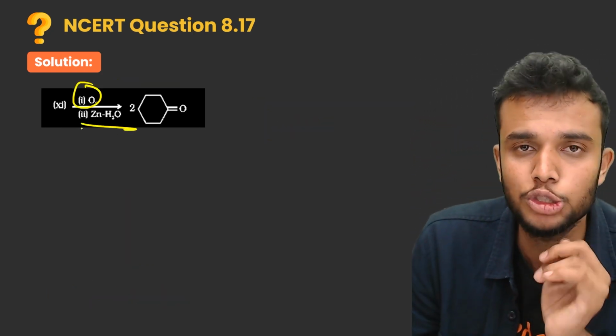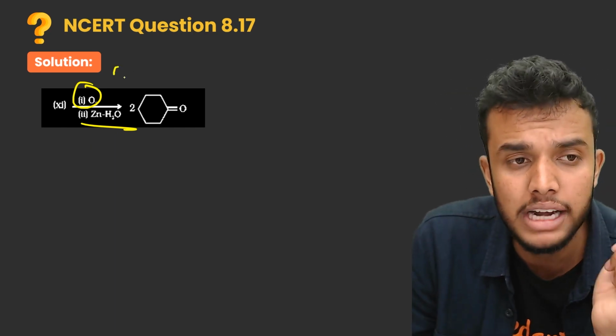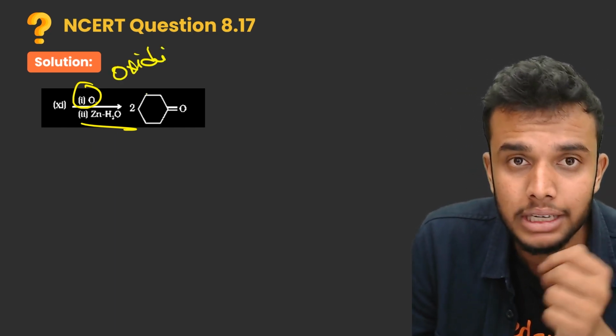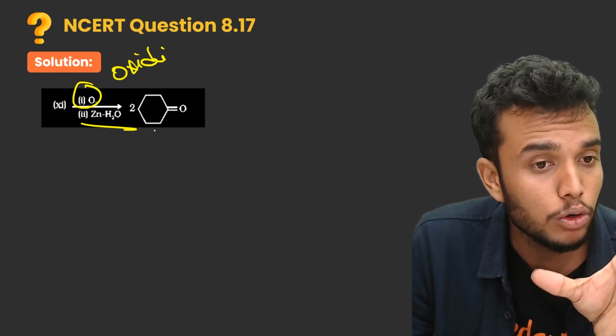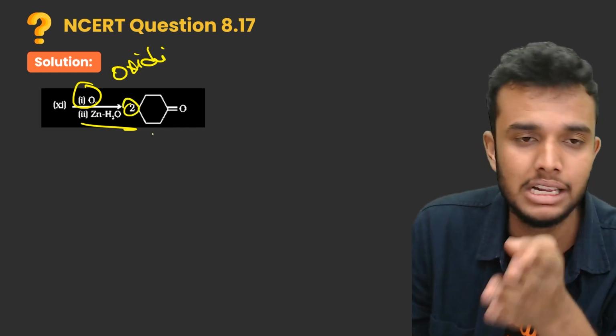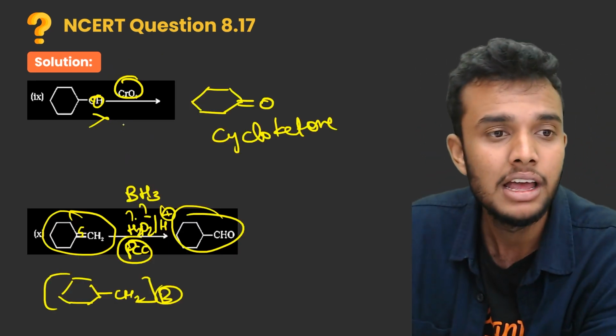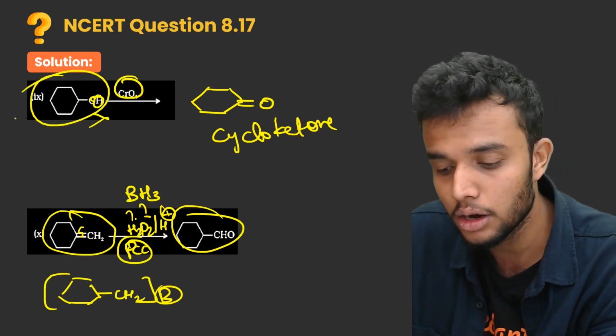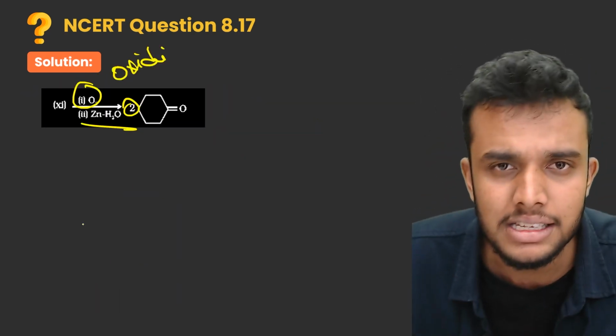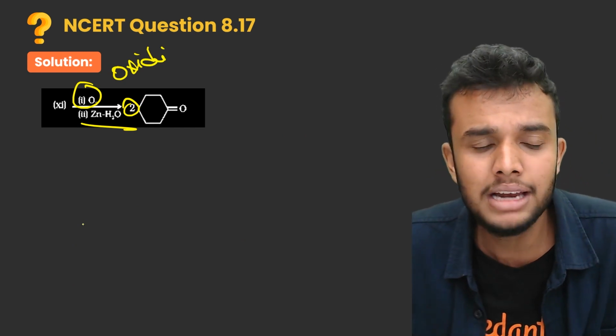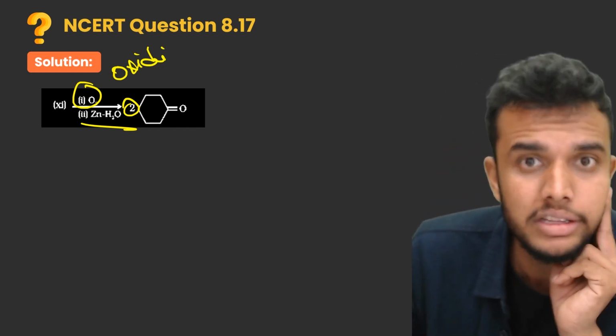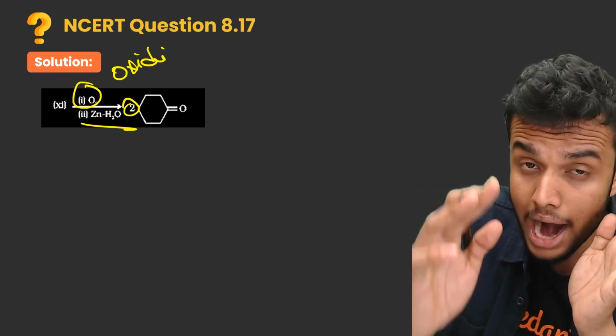O3, Zn/H2O. What is the role of O3? It's an oxidizing agent. But students, please read the question here. Two molecules are there. If instead of 2 there was only 1, the answer would be this one, cyclohexanol, which we can easily mention. But here 2 molecules are there. That's why we need to understand the question.